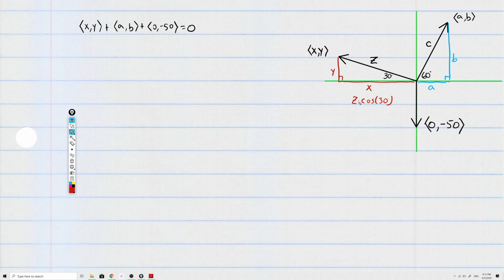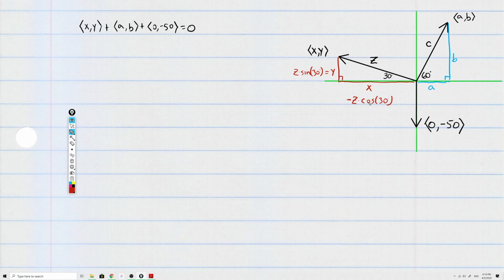Now, if you watched that video, you'll know that this is not quite correct. I can see in the diagram that x is negative, but the cosine of 30 degrees is a positive number. z is positive because the magnitude of a vector is always positive, so I need to manually put in the minus sign. In the same way, y, this is the opposite side from the angle. y is the magnitude times the sine of the angle.